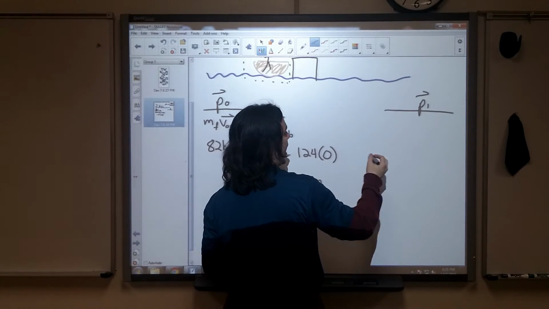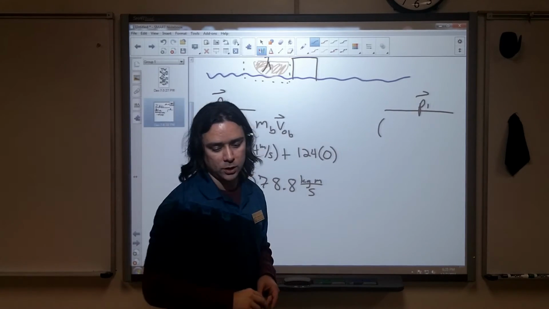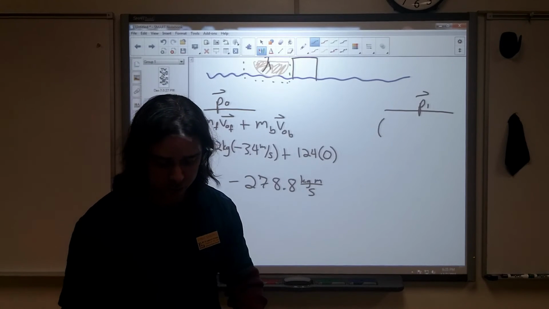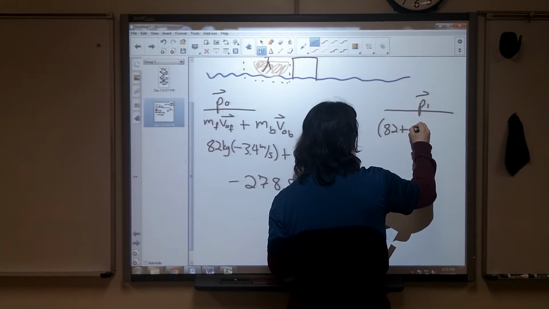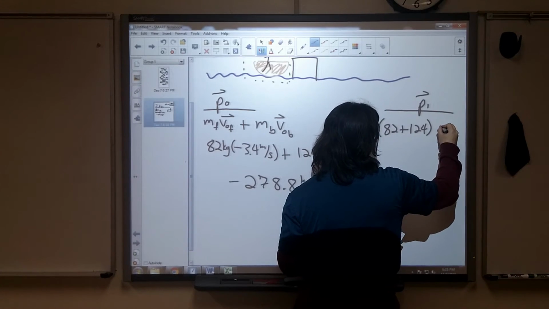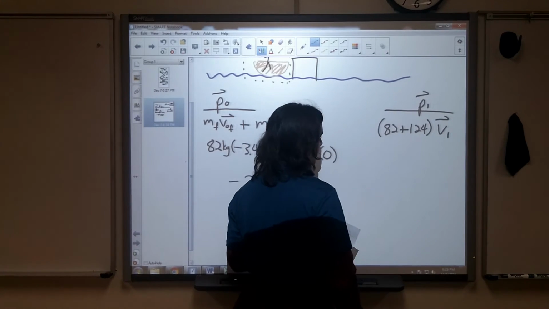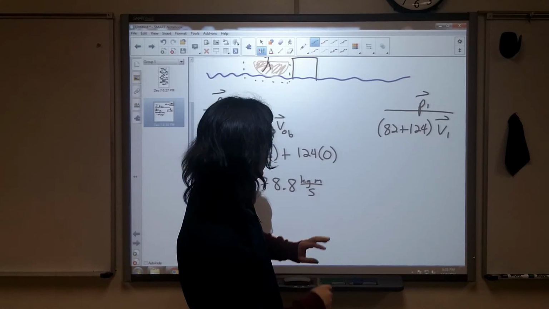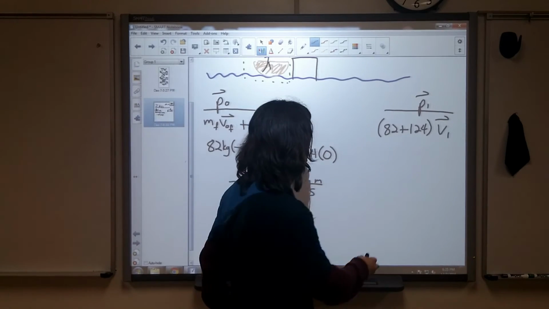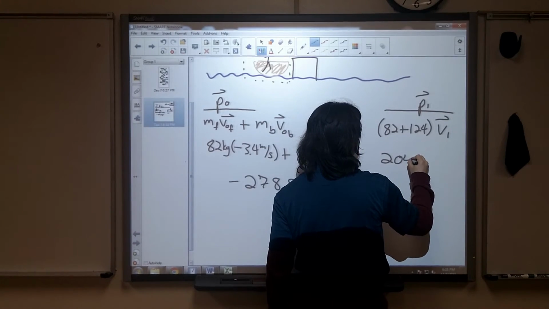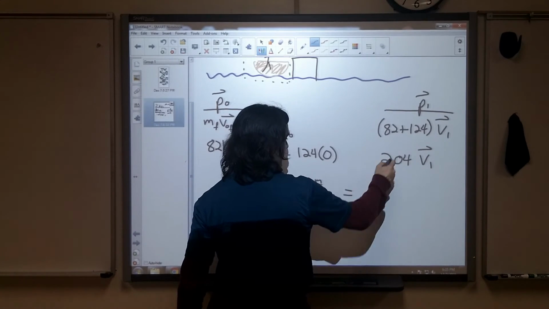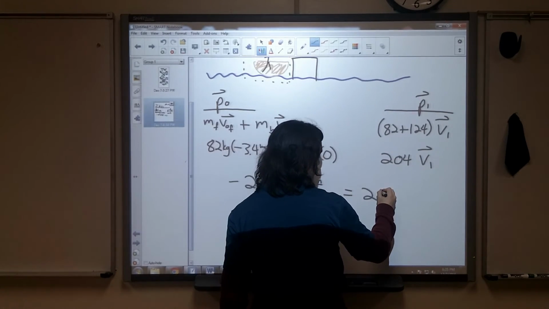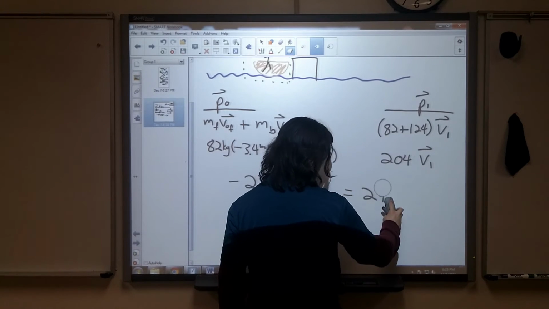In the end, we have one object. When the fisherman and the boat stick together, they're going to move together. And so we're going to need 82 kilograms plus 124 kilograms times our final velocity of the both of them together. So that's going to be 204, if I'm not mistaken, 204 kilograms times V final.